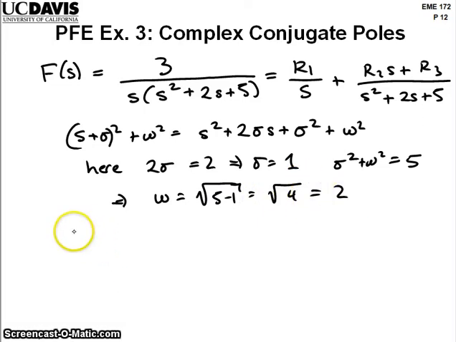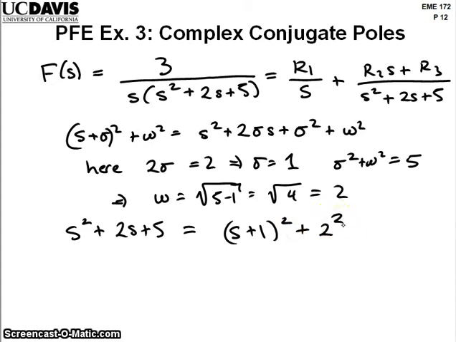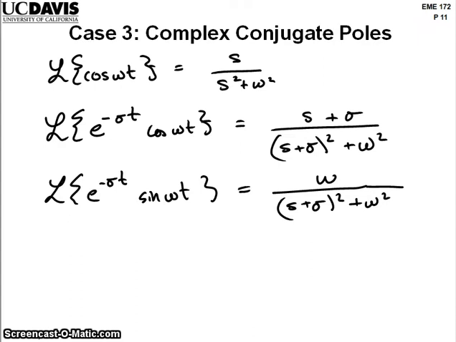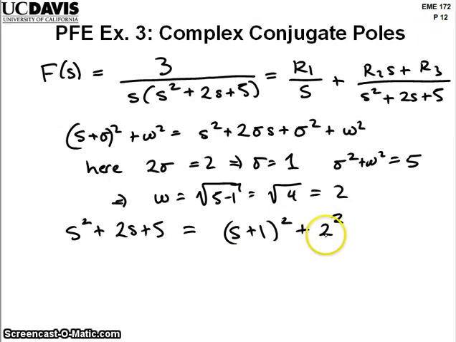So in other words, I want to write the denominator s squared plus 2s plus 5 as s plus 1 quantity squared plus 2 squared. And the reason I do this is now I have it in a form that looks like the Laplace transform, s plus sigma quantity squared plus omega squared. Okay, so I know this is going to be my oscillation frequency and this is going to be my decay time. Okay, so r1 is easy. Here, I'll put a little set of bars here.